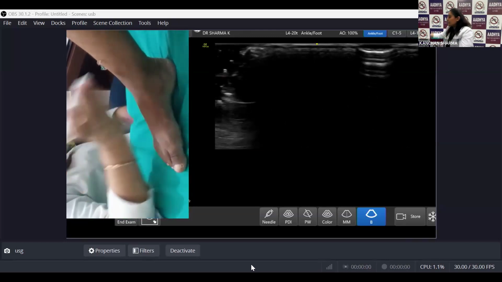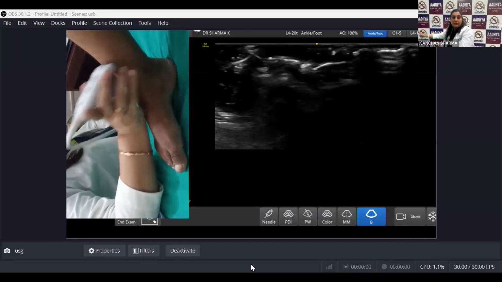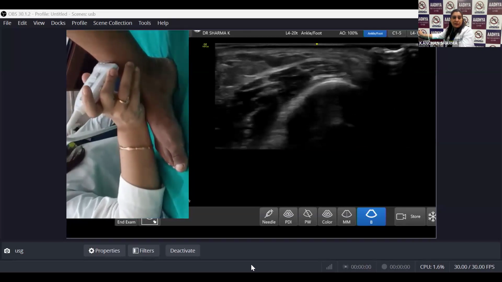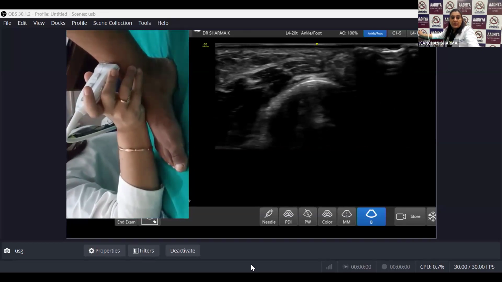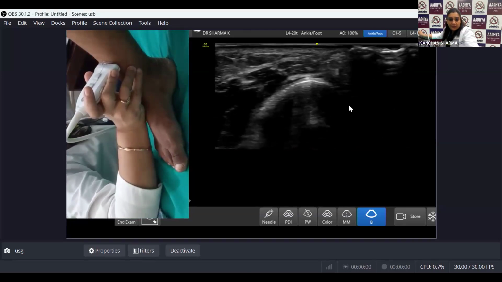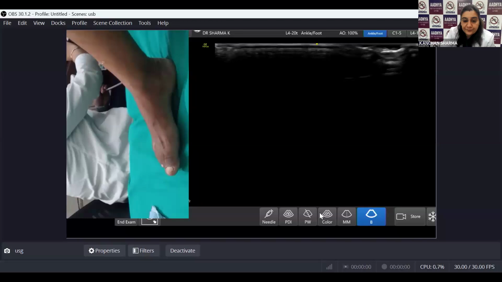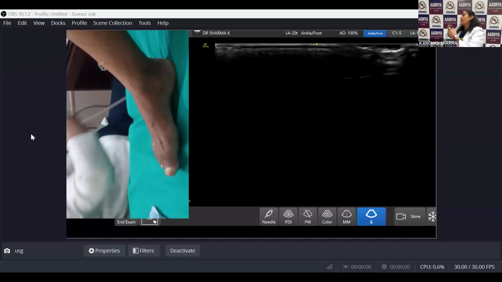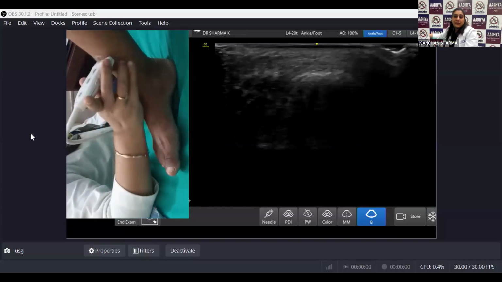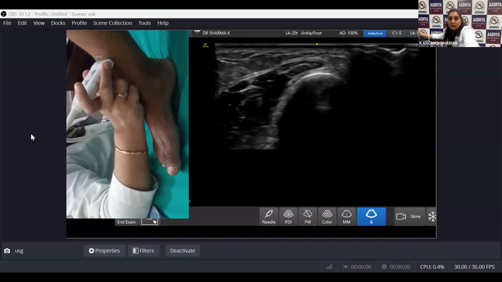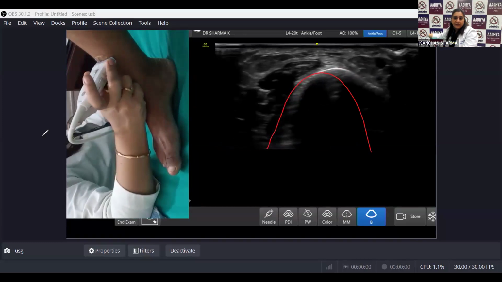So you put your probe in the short axis to the shin of the tibia with the aspect marker towards the lateral side. So once you are doing that, you will see, okay, my annotations are on. Once you are doing that, you will be able to see the tibia in the short axis, something like this.